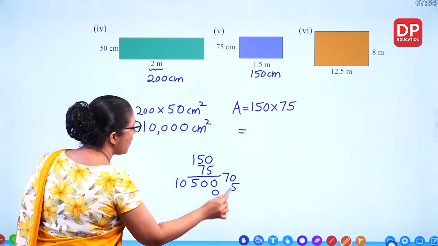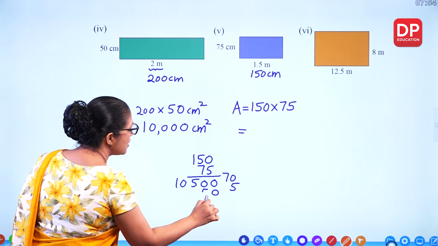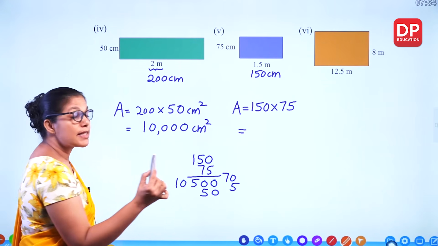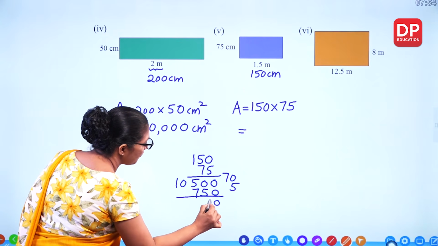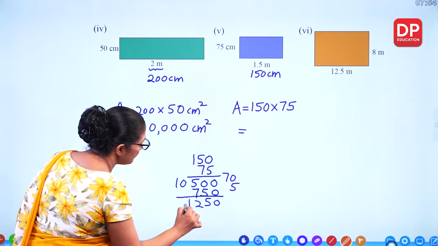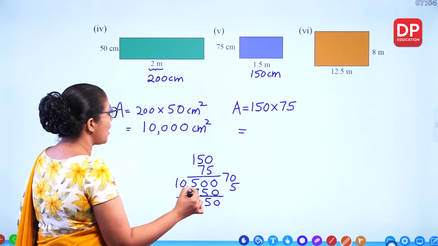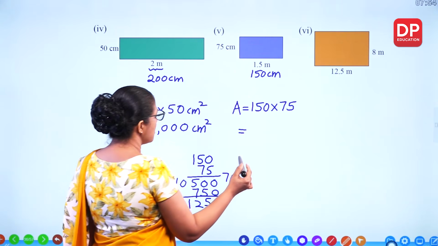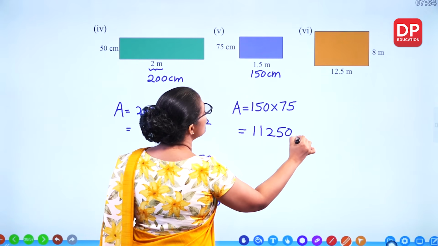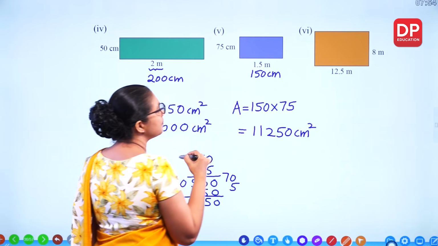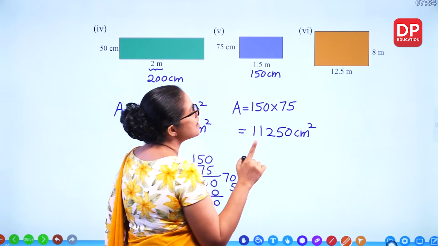And multiply by 5. 5 times 5, 25. 2 remaining. 5 times 1, 5 plus 2, 7. Now add it. 11,250 square centimeters.